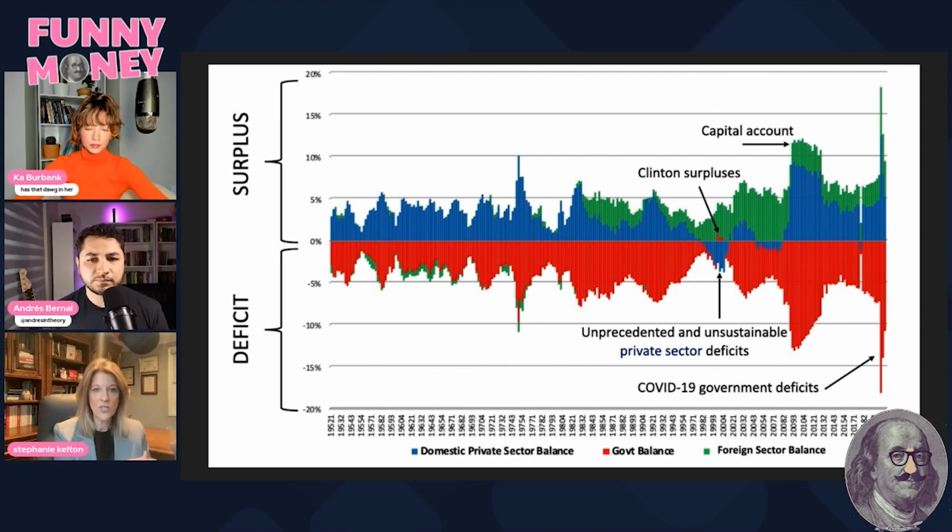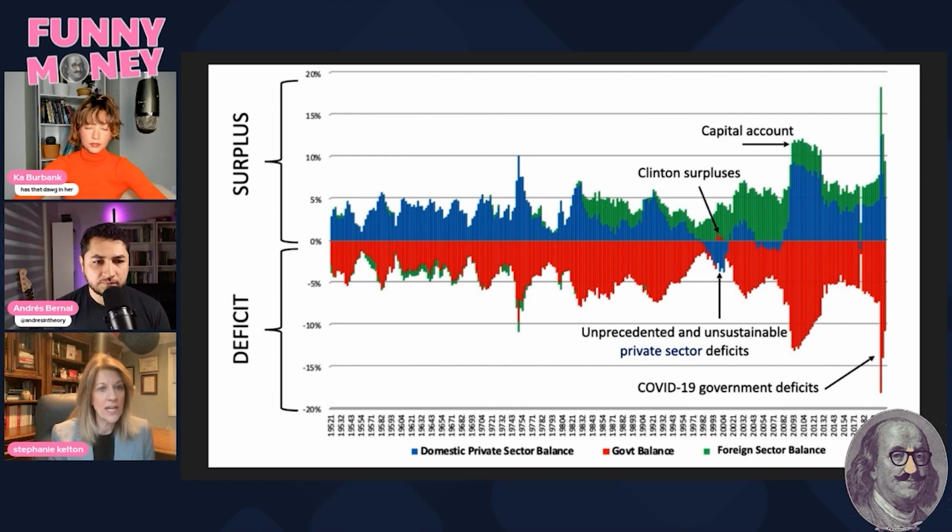One chunk here that you see depicted in blue is the US private sector. That's all the households and all the businesses in the US economy, our private sector. What you see depicted in red here is the government sector. That's federal, state, and local. That's government here in the US. And then there's everything else, which is what's outside of the US.